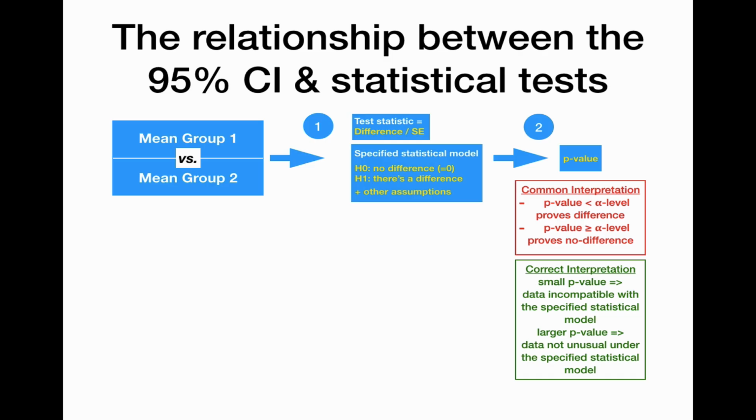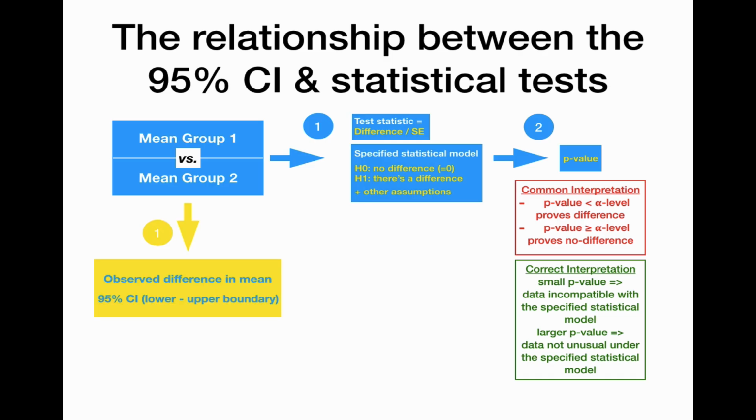And that means that either there is no difference, or there is a difference between the groups, but one of the other assumptions is violated in the specified statistical model. And if the p-value is large, then that only means that the data are not unusual under the specified statistical model, but there might still be a difference in group means.